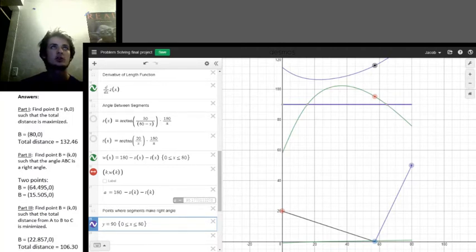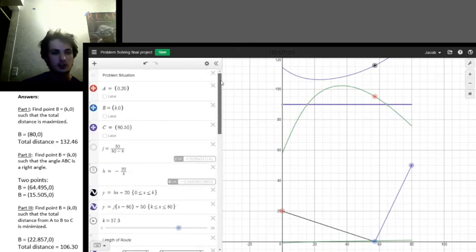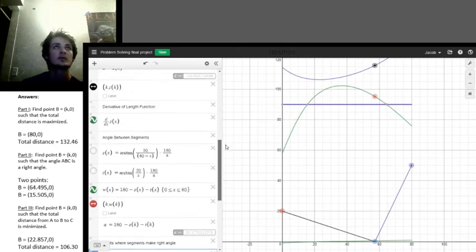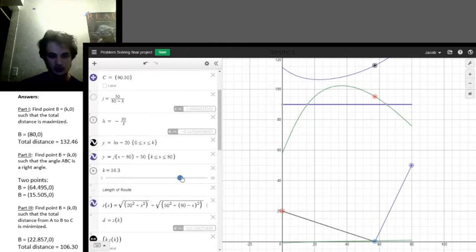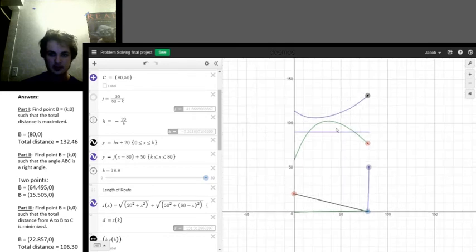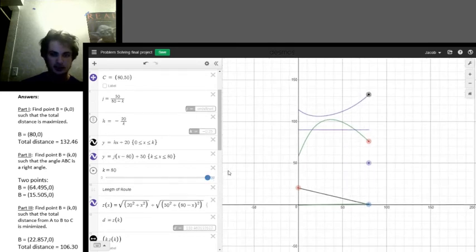Alright, so here are all of my final answers. Most of these were already shown, but here it is again. The point at which total distance is maximized is at x equals 80. In this case, k is 80, all the way over here, and the total distance at that point is approximately 132.46 units.